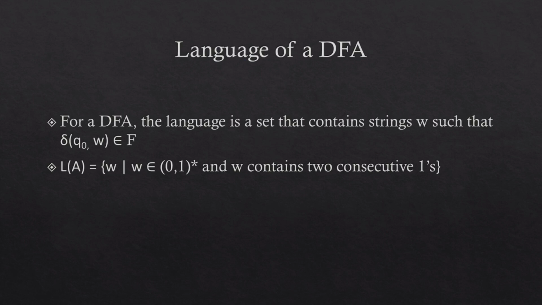So we can read it as W such that W belongs in the set of 0, 1, Kleene star, and you know what that means from regular expressions, and W contains 2 consecutive ones. And this is how we can describe the language of our running example.